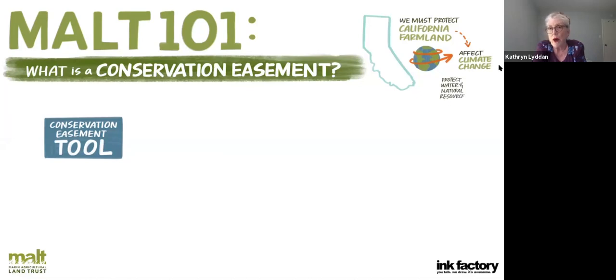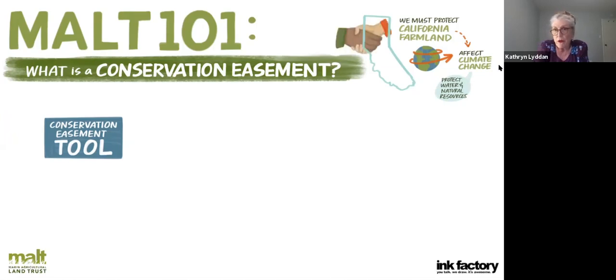So conservation easements provide us with another tool that we can use to protect natural and agricultural resources for the public good. And rather than being a restriction that's imposed by a government, a conservation easement is a voluntary agreement between a nonprofit like MALT and a landowner, a private property owner.